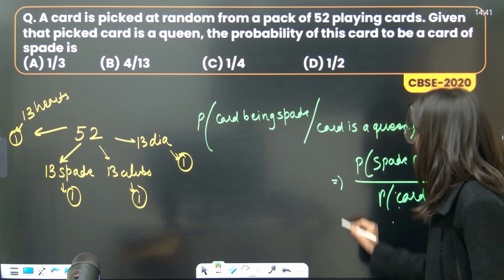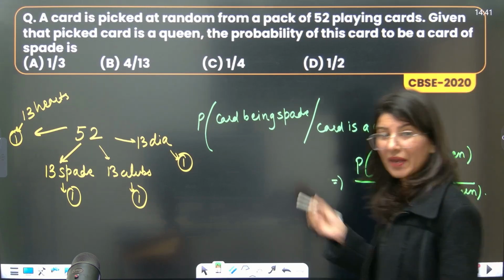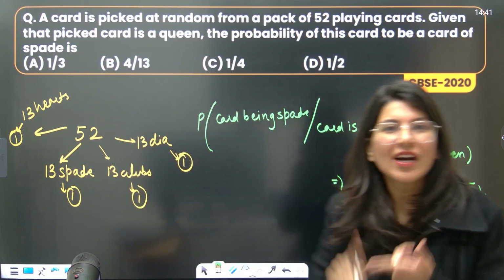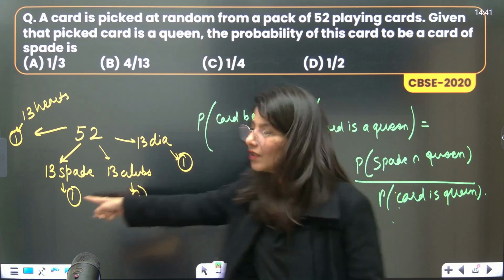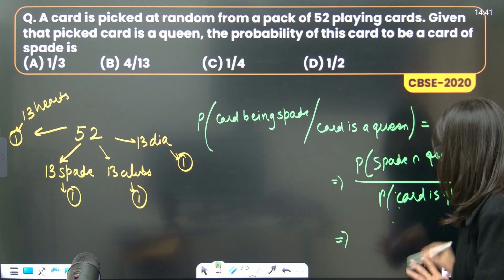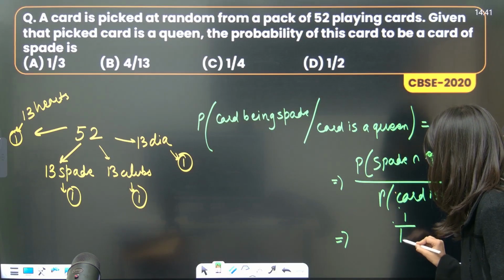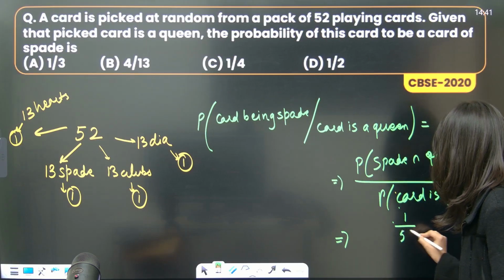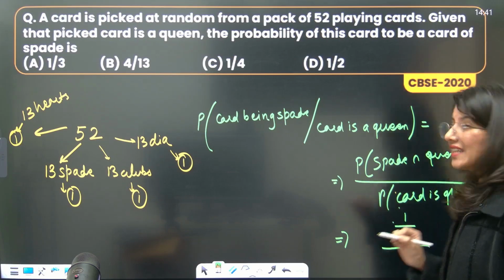So the probability of the card being a spade, intersection queen: there is one queen in spade, so the probability will be 1 upon 52. Whole upon the card is a queen.